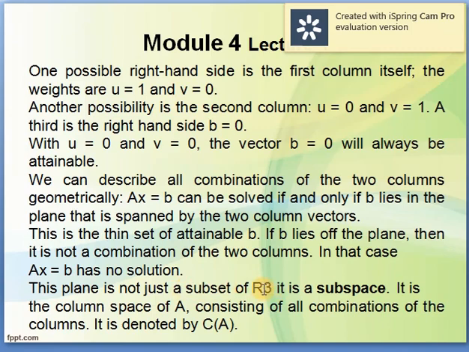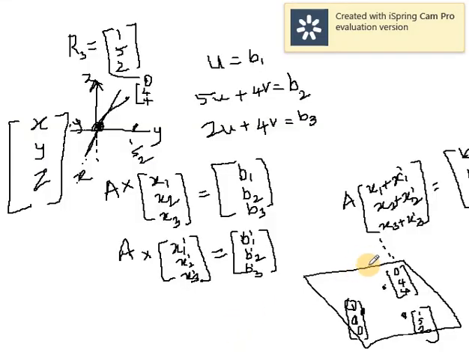It is not just a subset, it is even a subspace. Because if we consider the sum of this 0, 4, 4 and 1, 5, 2, or generally anything, 0, 4, 4 or 1, 5, 2.